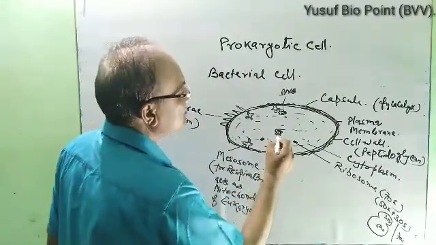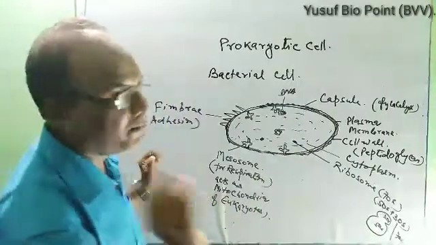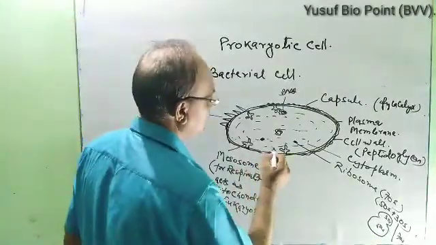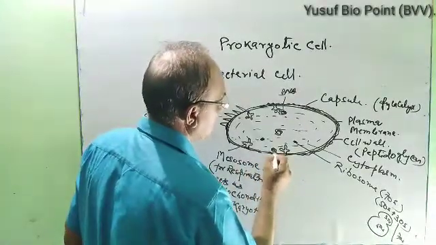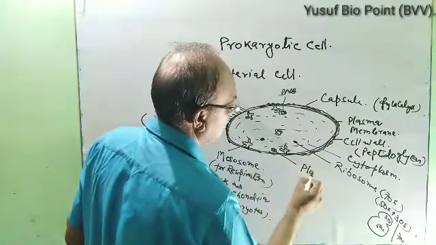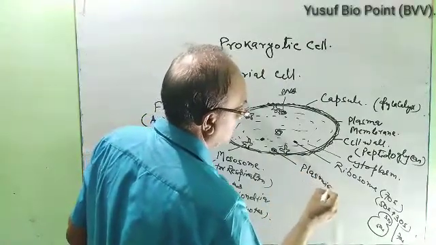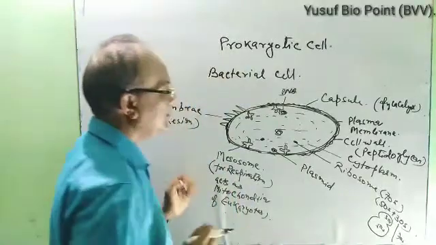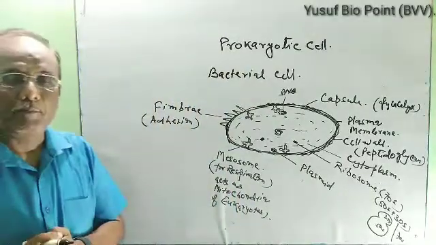Sometimes this DNA is found in very small forms, that is known as plasmid.